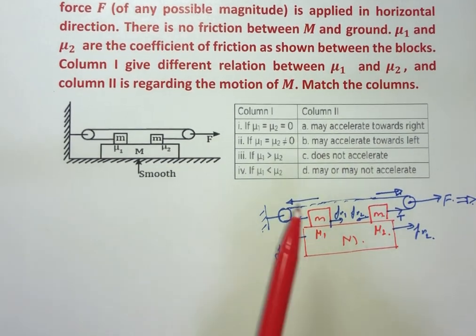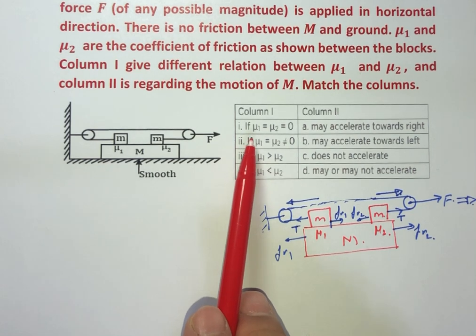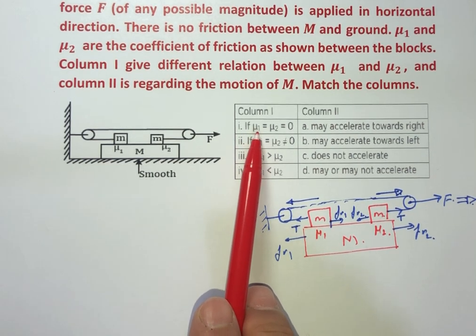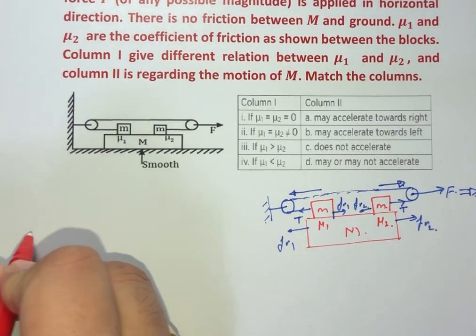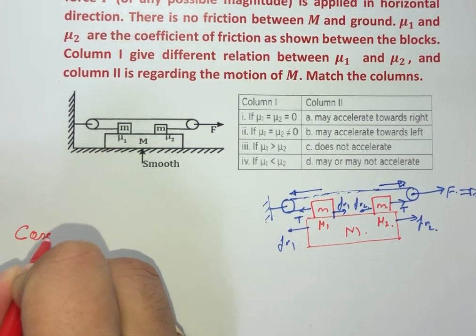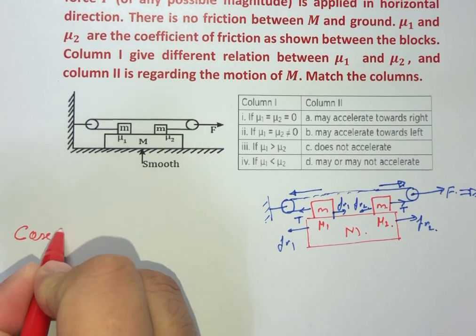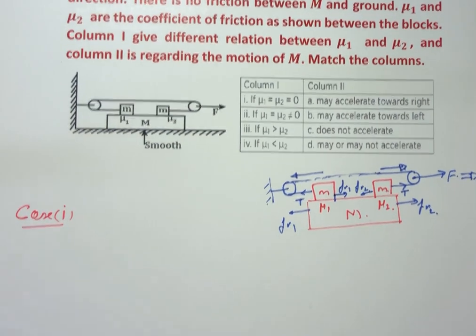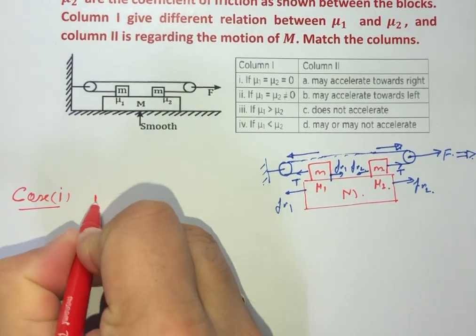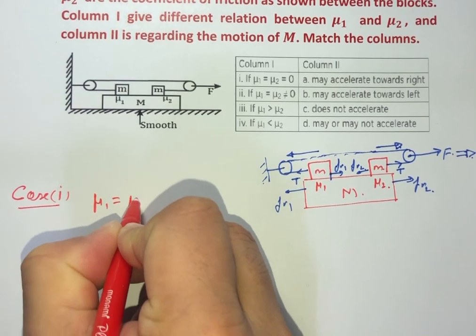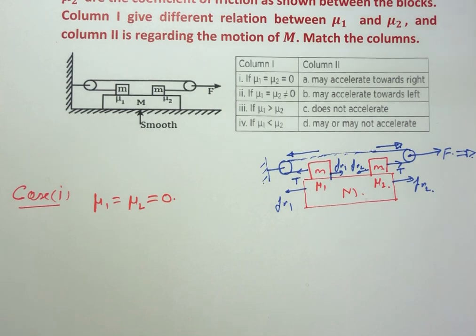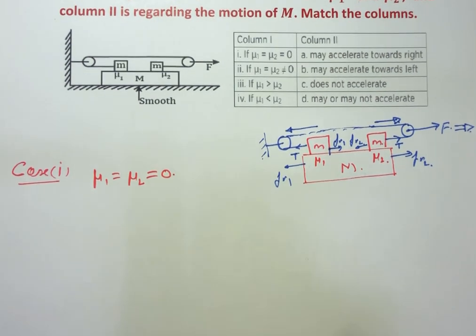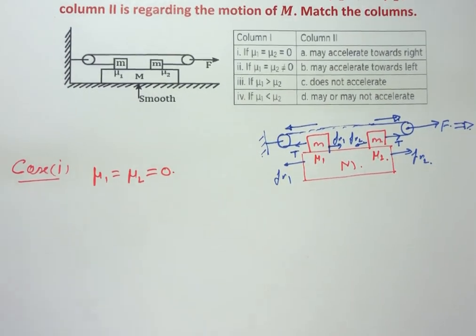In the first case, it is given that the coefficients of friction mu1 and mu2 are 0. You can see case 1, mu1 and mu2 both are 0.